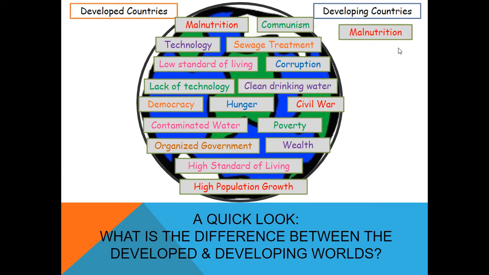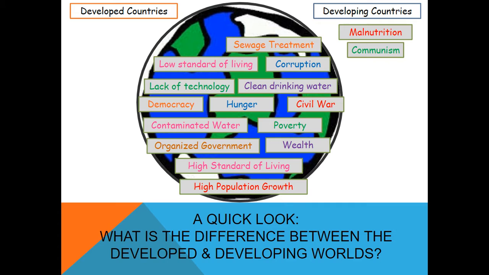So malnutrition is far more common in developing countries. Communism, a political system in which power is supposed to be concentrated at the top, but there should be equality for all. But at times the government doesn't do the best job of distributing resources, so there's not always equal food and rights for all. So communism is far more common in developing countries.